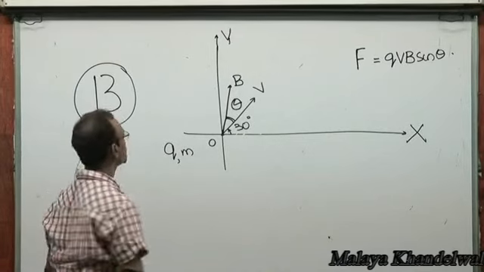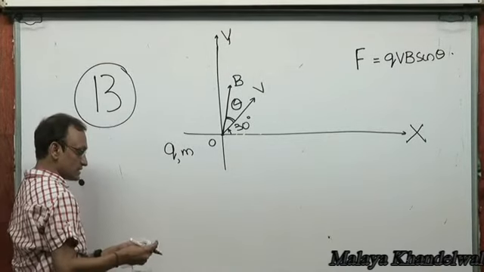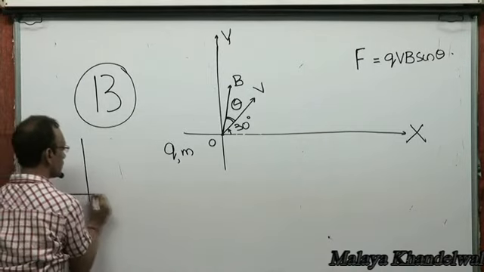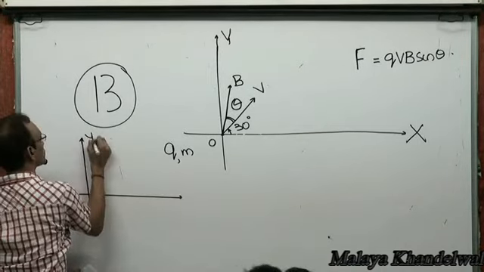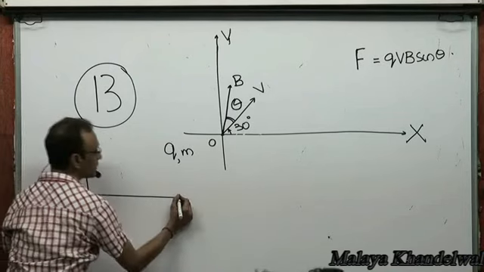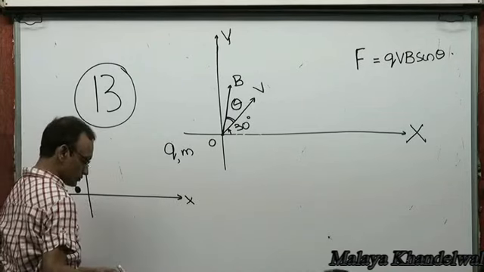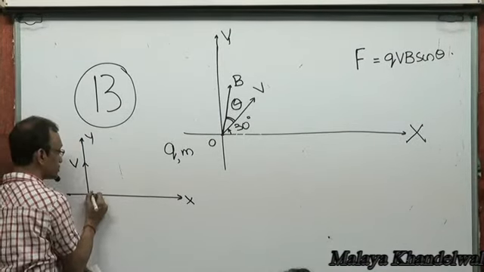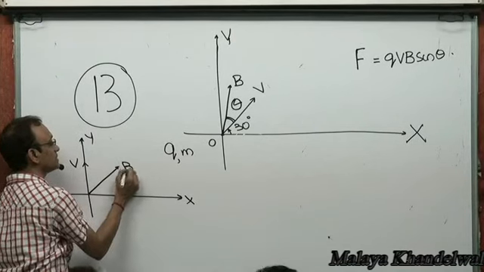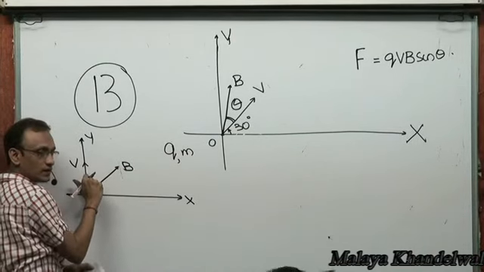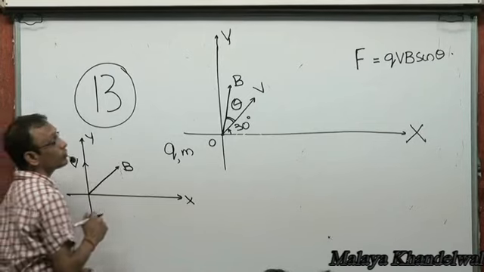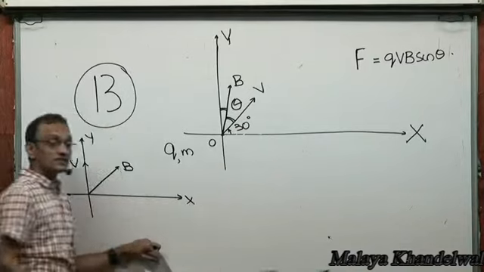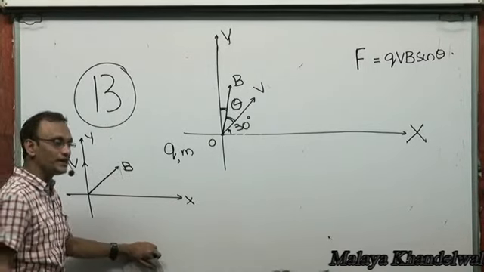Right? Now, in the second case, it moves with the same speed, but in the plus y direction. It experiences the same magnitude of the force, but in the negative z direction. That means B is like this, V cross B is this way, negative z direction. Now, very clearly then, what would this angle be? 60 minus theta.